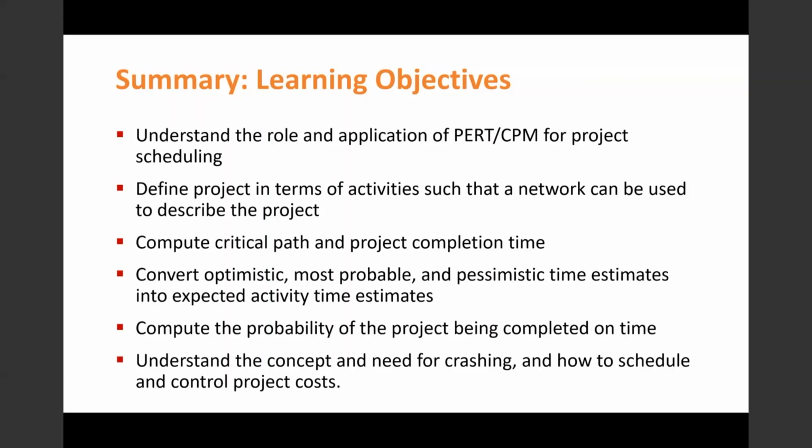And if you are working with these 3, you should also be able to compute the probability of the project being completed on time, and understand the concept and the need for crashing and how to schedule and control project cost if you have to crash activities. So which activity to crash and how much additional cost it will generate. Okay, so that's it.